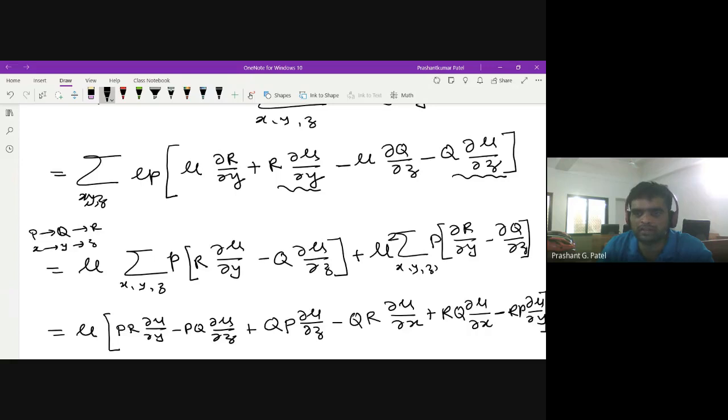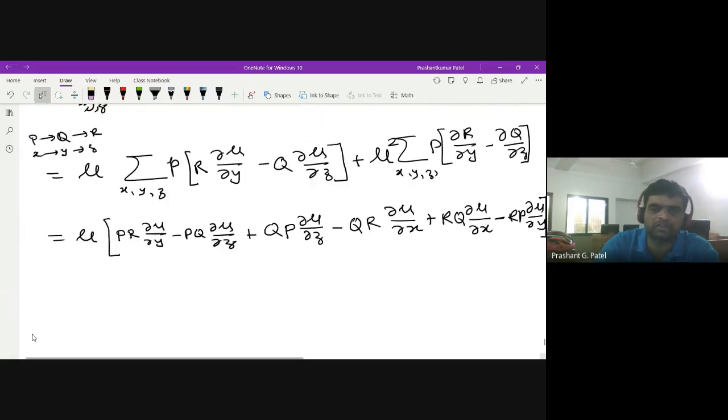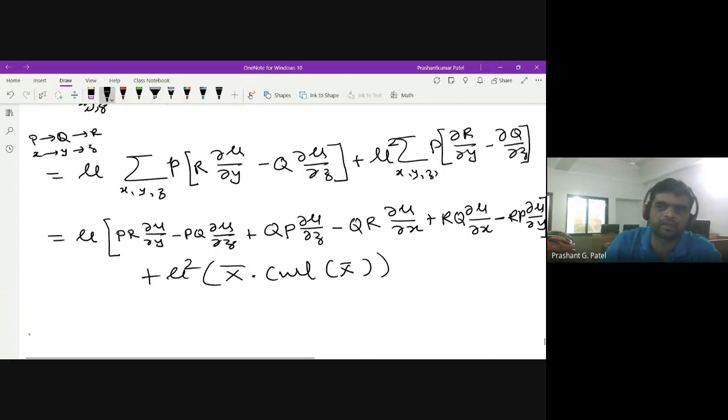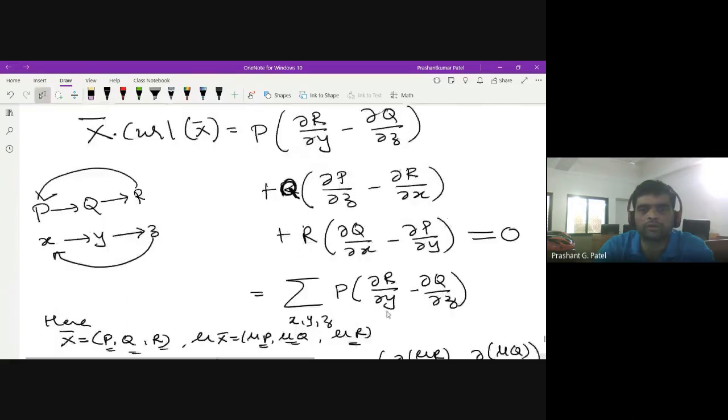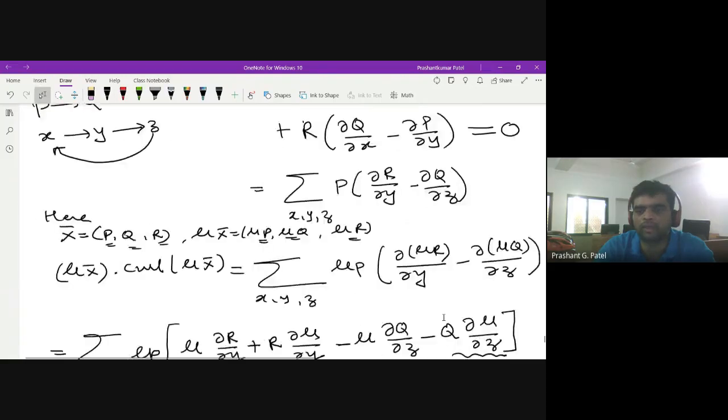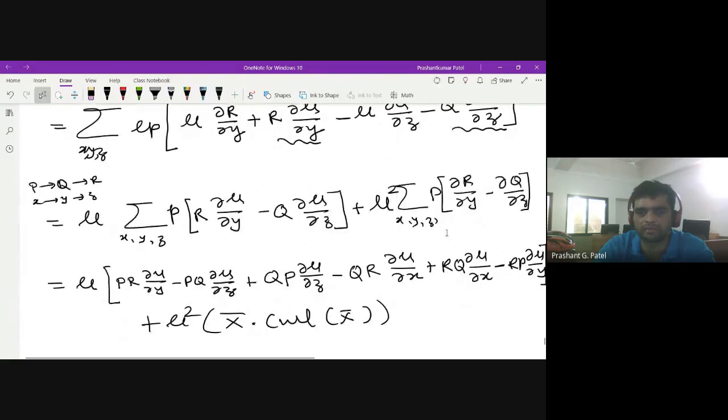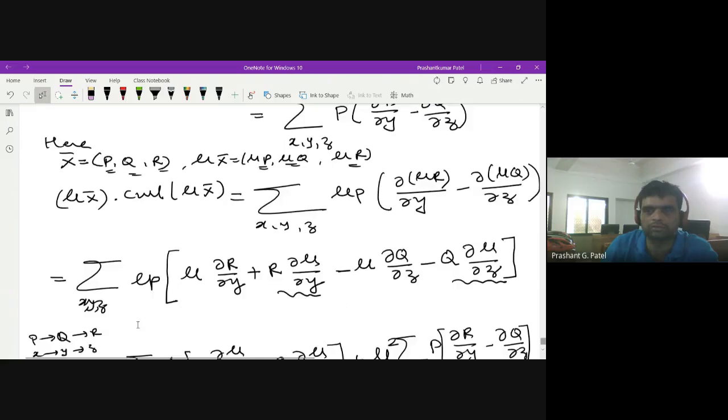What is the second summation? The second summation is actually μ² times x̄ · curl x̄. That is exactly x̄ · curl x̄, which you can check: x̄ · curl x̄ is the summation of P(∂R/∂y − ∂Q/∂z). That is exactly the same. And you just observe that the terms will get cancelled out.